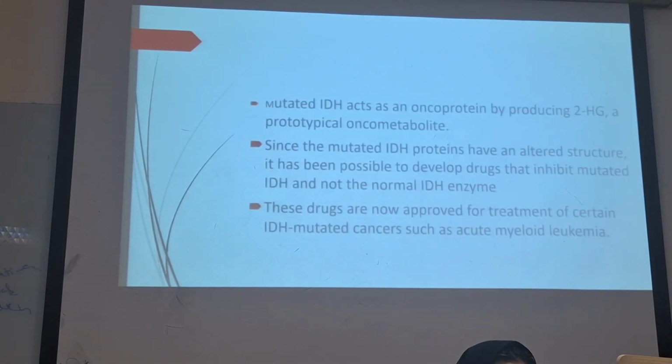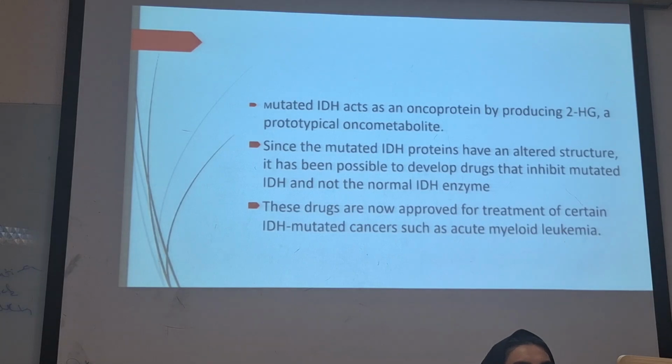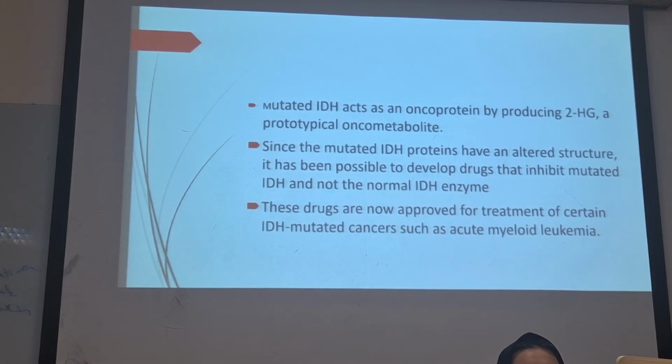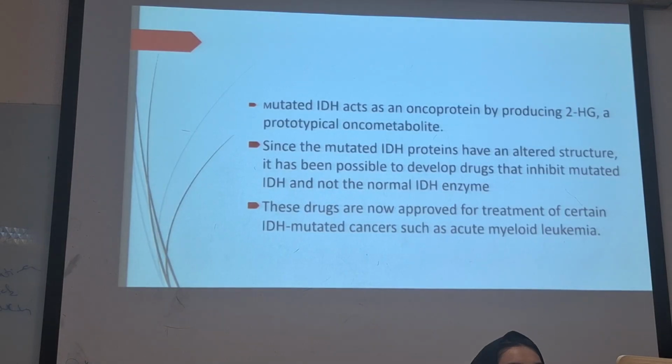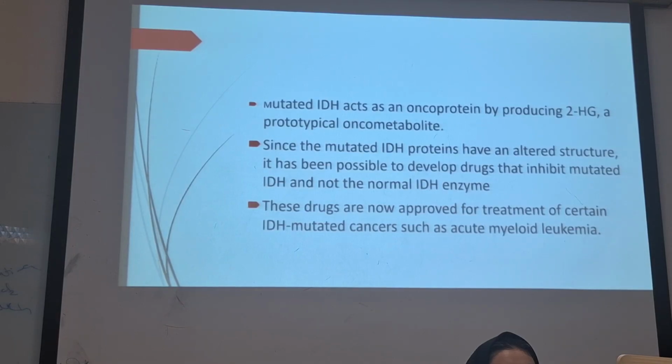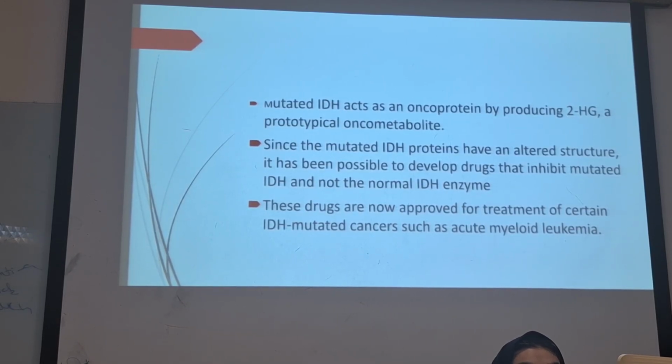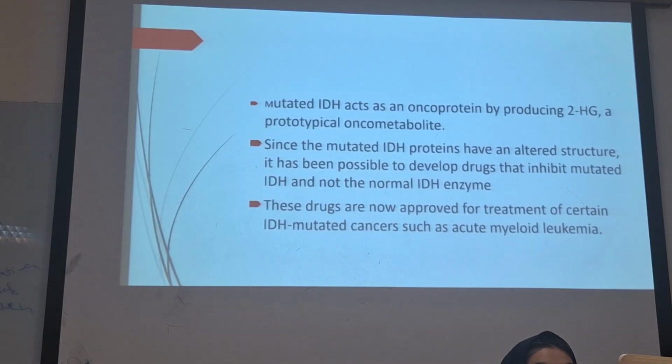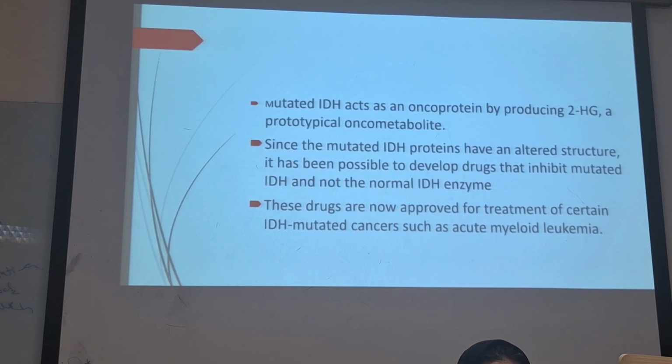Mutated IDH acts as an oncoprotein by producing 2HG, a prototypical oncometabolite. Since the mutated IDH proteins have altered structures, it has been possible to develop drugs that inhibit mutated IDH and not the normal IDH enzyme.